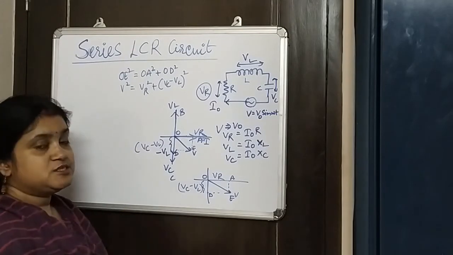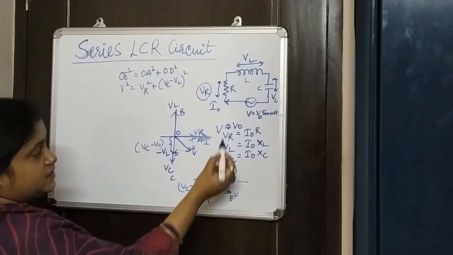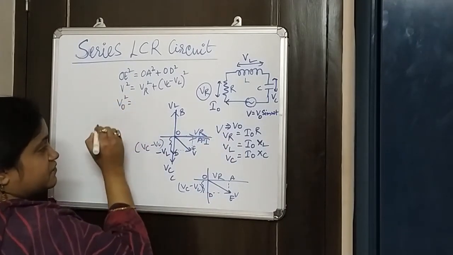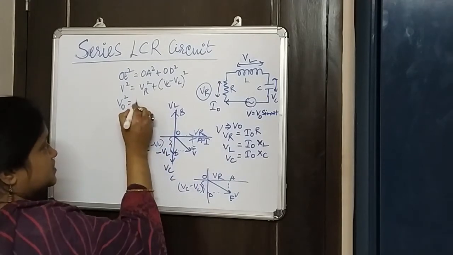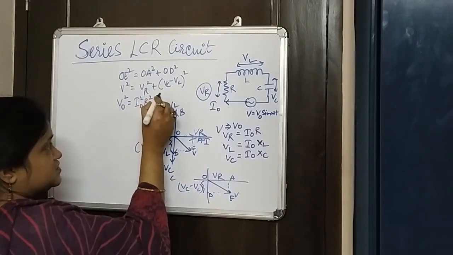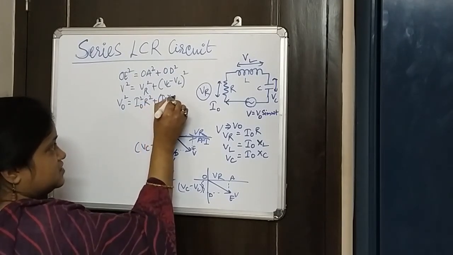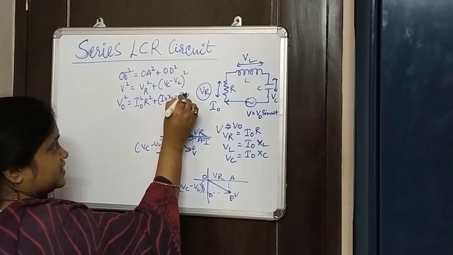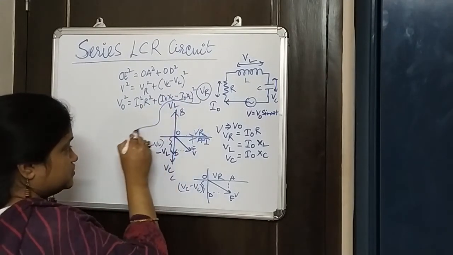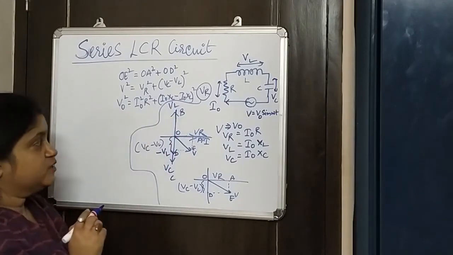Now we will just put the maximum value for all this. We know the peak value will be V naught square. VR is I naught square R square, and this is I naught XC minus I naught XL whole square, right? So just pause this, this is the calculation.